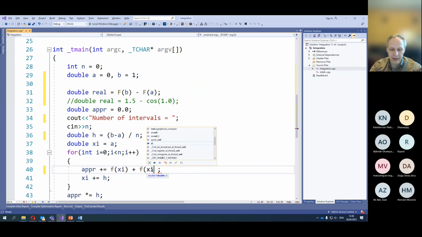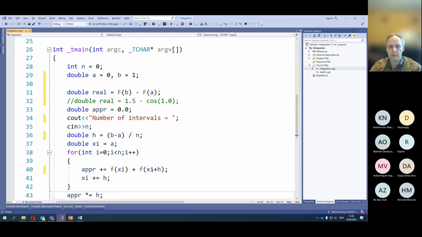The right is xi plus h. We compute this sum.